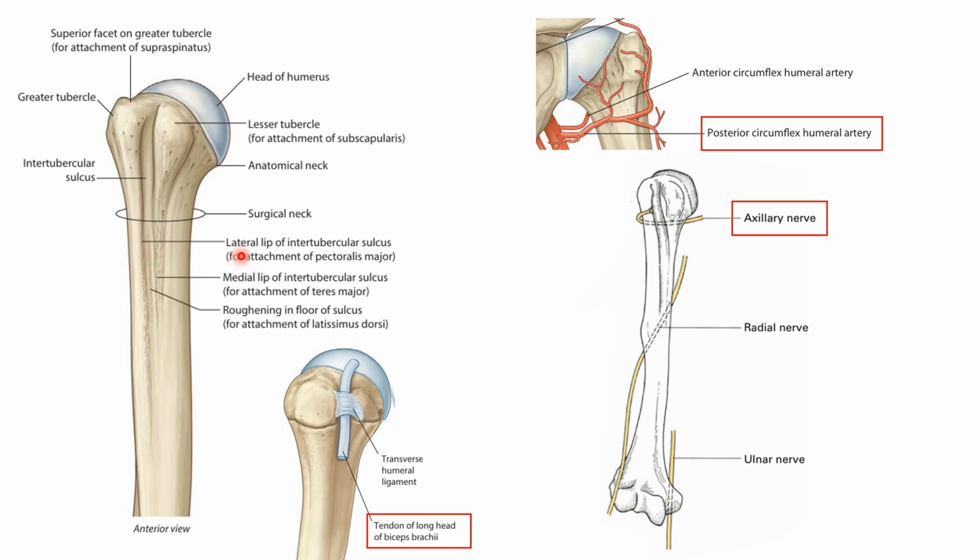The lateral lip gives insertion for the pectoralis major muscle, the medial lip gives insertion for the teres major muscle, and the floor of the sulcus gives insertion for the latissimus dorsi. And these are the two structures related to the surgical neck, the axillary nerve and the posterior circumflex humeral artery. So a surgical neck fracture can damage the circumflex humeral artery and axillary nerve.